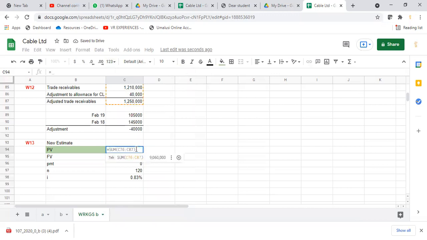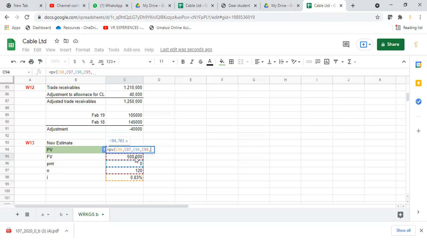Okay, so present value. I, N, PMT, future value, and then in Excel or Google Sheets you need to say whether it's end of period or beginning of period.